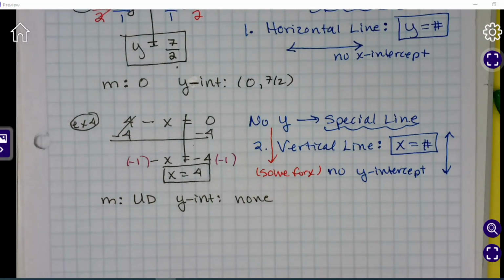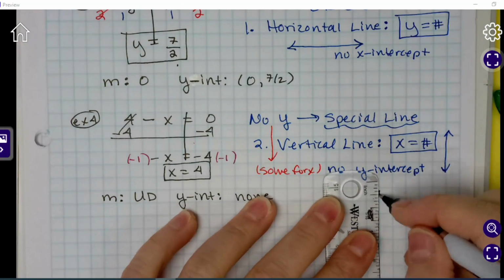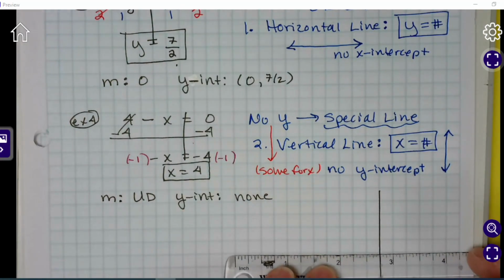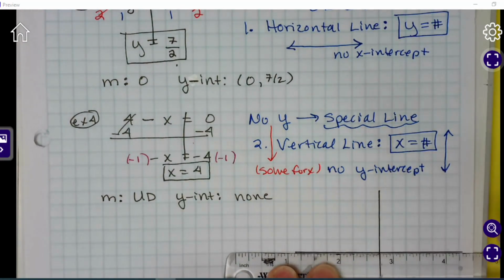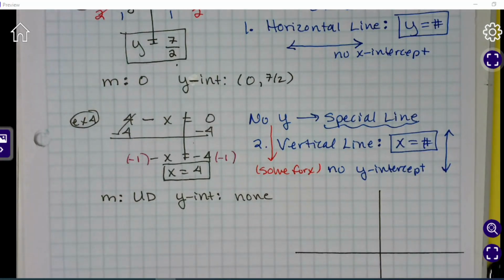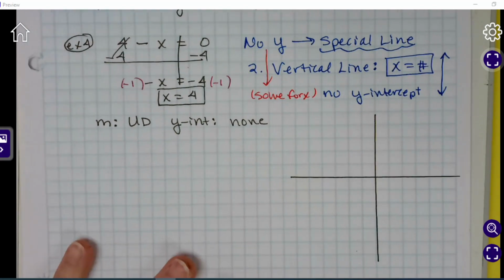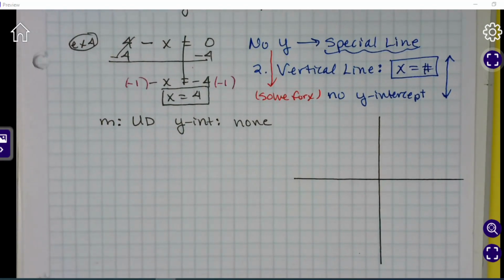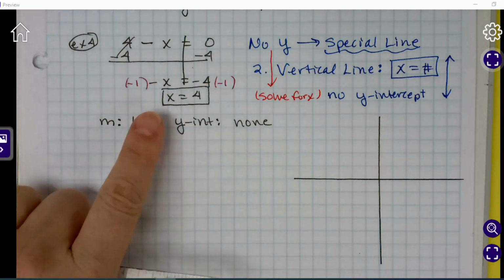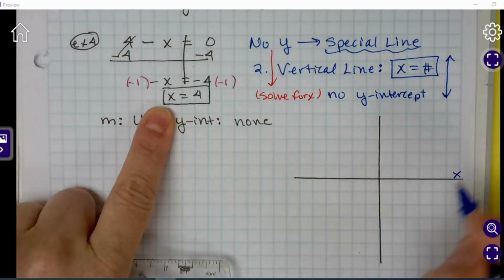So over here on the side, draw yourself a little pair of axes. Special lines are really easy to graph because the information on how to graph them is already in the equation. You don't even have to run points. You know if it has no y, it's vertical. The x says it crosses the x-axis.